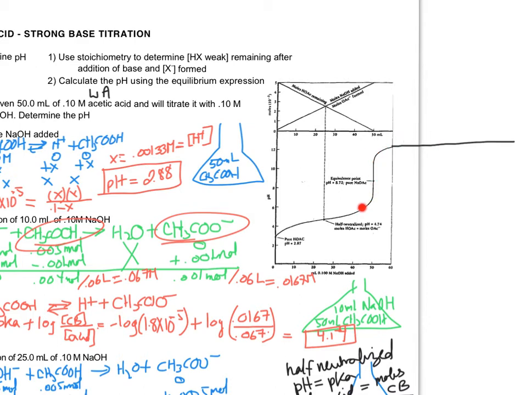The weaker the species, the more curvy it's going to be. So if you were given this, even without any numbers, you should still be able to tell that this base is pretty strong, this acid is weak. If you are given this number here, you should also know that this is a strong base, weak acid, because your pH at the equivalence point is higher than 7.